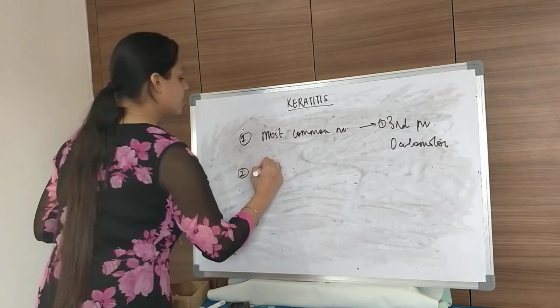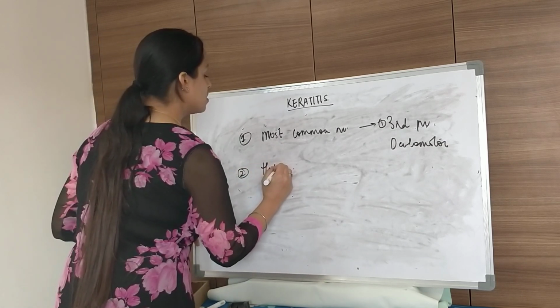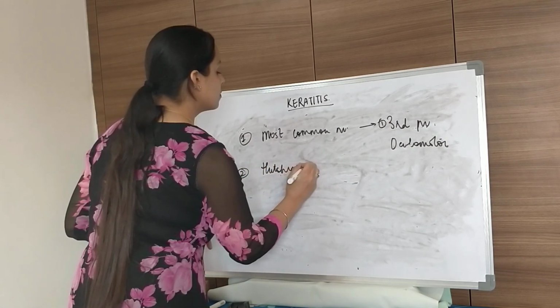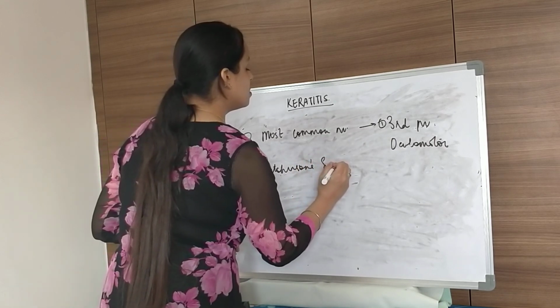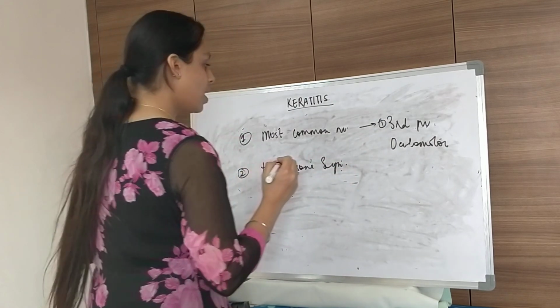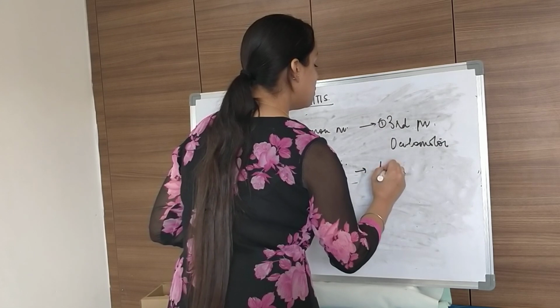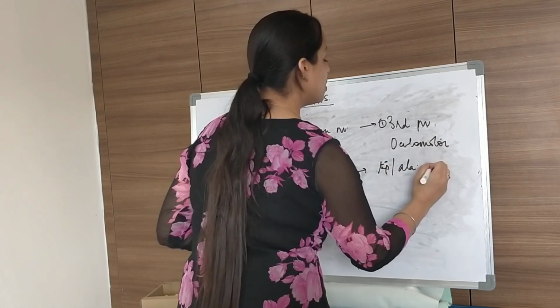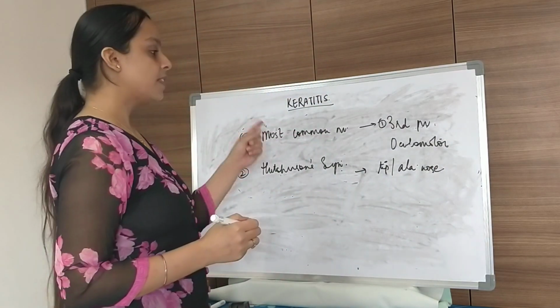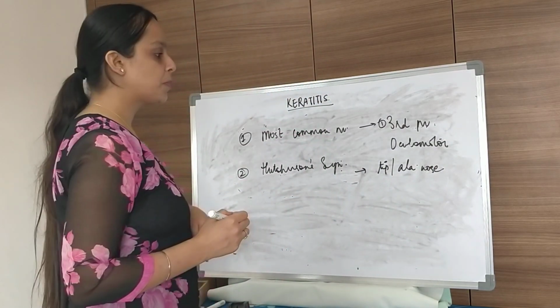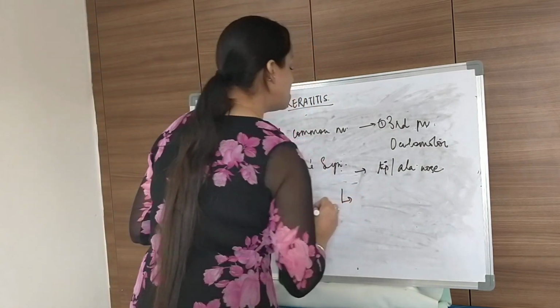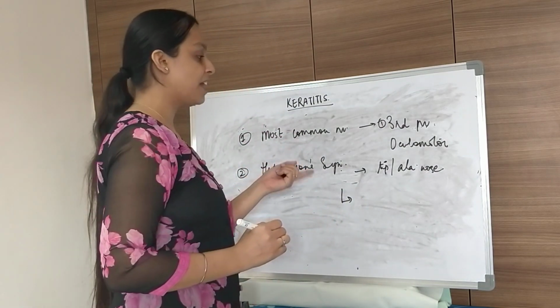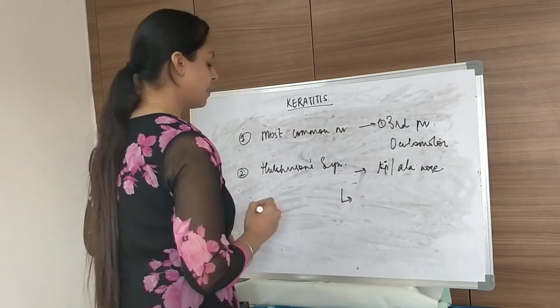Now another thing which is also important is your Hutchinson sign. So what is this Hutchinson sign? When the tip of the nose or the ala of the nose of one side is involved, it is most likely that an ophthalmic feature will also be present. This is because the nasociliary nerve has the same supply for the tip of the nose, the ala of the nose and the iris.